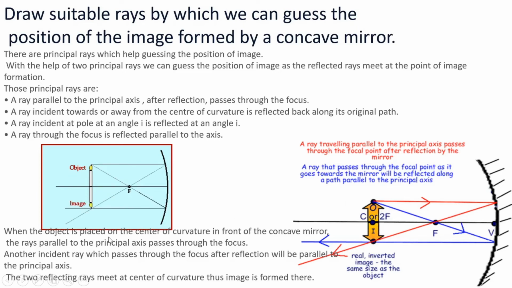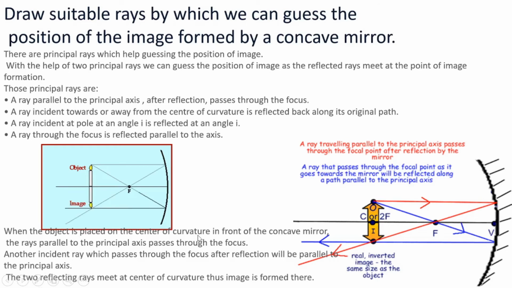When the object is placed at the center of curvature in front of the concave mirror, here also we are using a concave mirror, the ray parallel to the principal axis passes through the focus. Another incident ray which passes through the focus will, after reflection, be parallel to the principal axis.